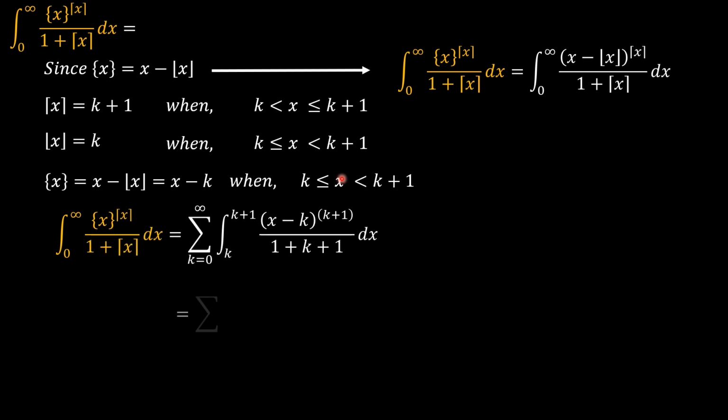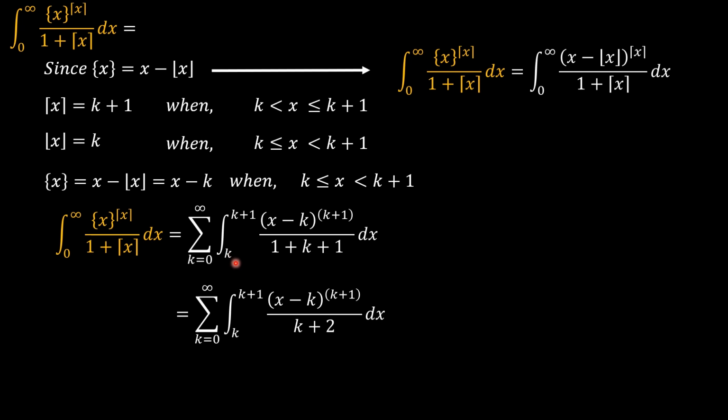Therefore, our problem can now be expressed as follows. We will have to discretize our integral into steps of k, and within each step we're just going to integrate the value between each step and then sum up all the steps.